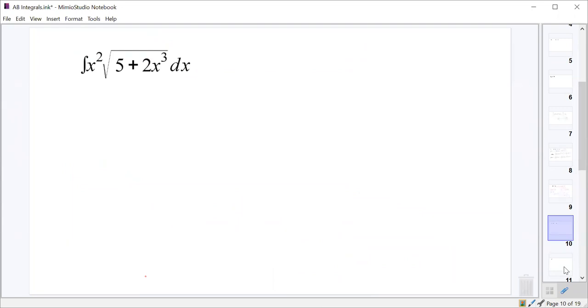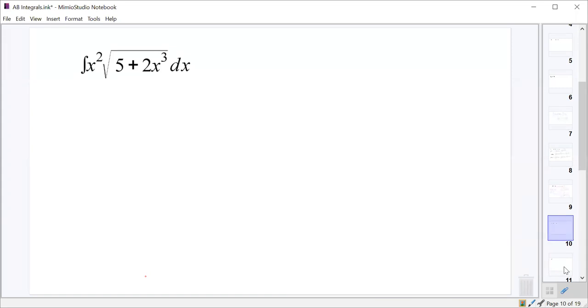We've got the integral of x squared times the square root of 5 plus 2x cubed. So which piece of this is the more complicated part? Square root of 5 plus 2x cubed. If I could eliminate all of that junk inside that square root and just make it a u, root u we can easily integrate, can't we?